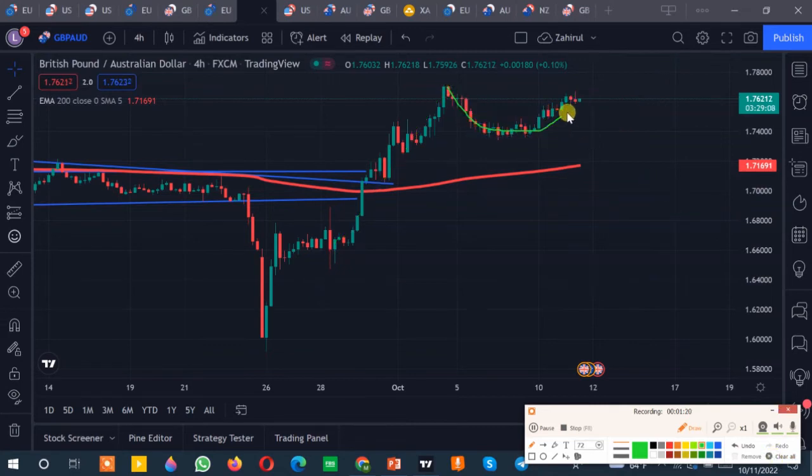From this cup and handle, our expectation is that this market will come here soon. From this area, when we get any buy confirmation, we can make a buy according to the cup and handle pattern.